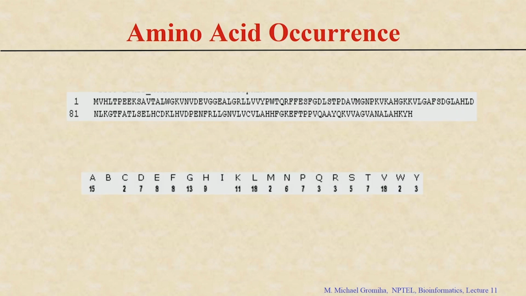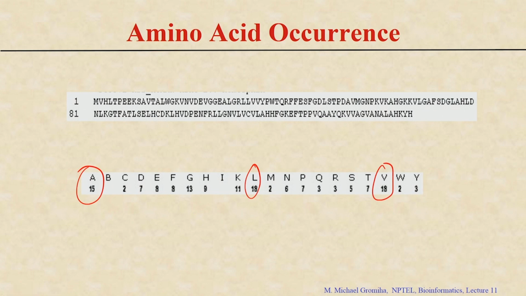Now this is a real amino acid sequence, a protein. If you see this amino acid sequence, how many times does A occur? 15 times. If you look at the occurrence of different amino acid residues, some amino acids occur very frequently. What are the other amino acids with high occurrence? Leucine 18 times, valine 18 times.